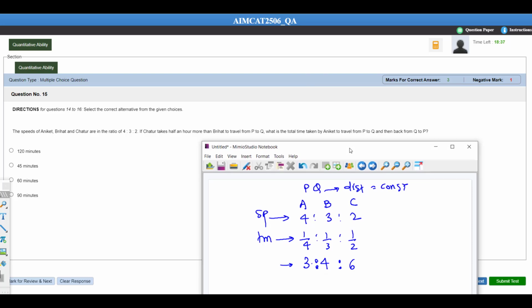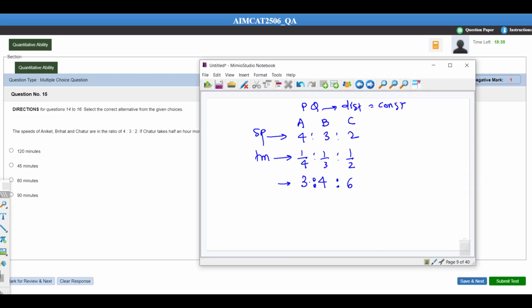Now Chatur takes half an hour more than B. This difference between time taken by C and B is equal to 2, everyone. 6 minus 4, 2. This 2 represents half an hour, 30 minutes. So 1 represents 15 minutes. So this 3 represents 3 into 15, 45 minutes.